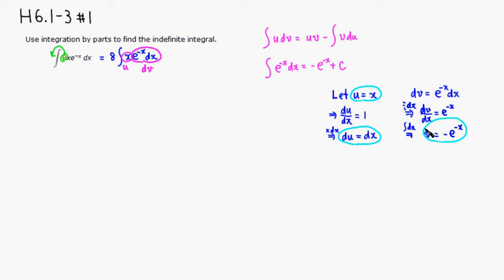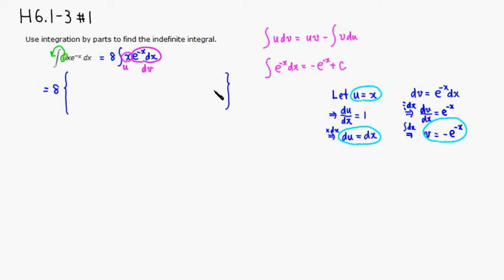Let's apply integration by parts. This is going to be equal to 8, which I'll just put outside, and then I'm going to make a big curly bracket.